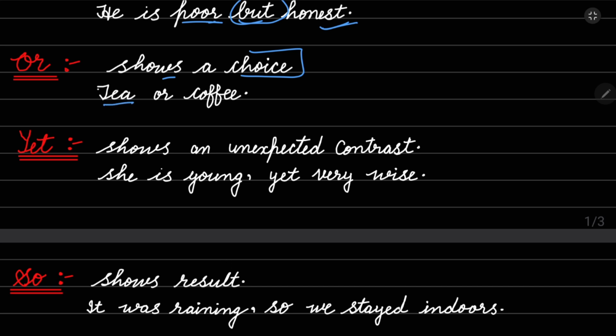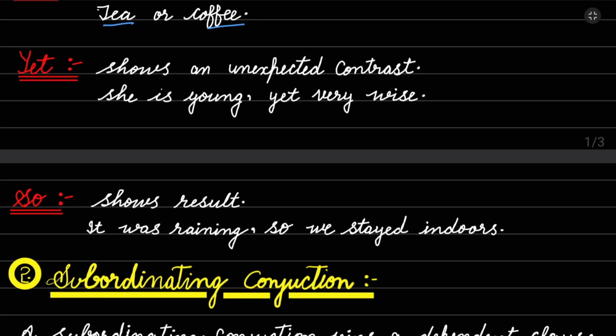Choice means tea or coffee. Like we say, would you like tea or coffee? Means we have choice. Yet shows an unexpected contrast. For example, she is young yet very wise.